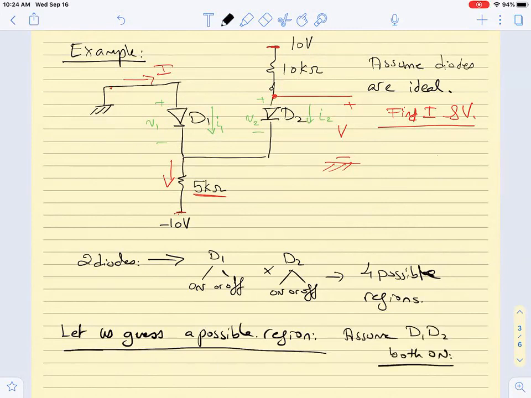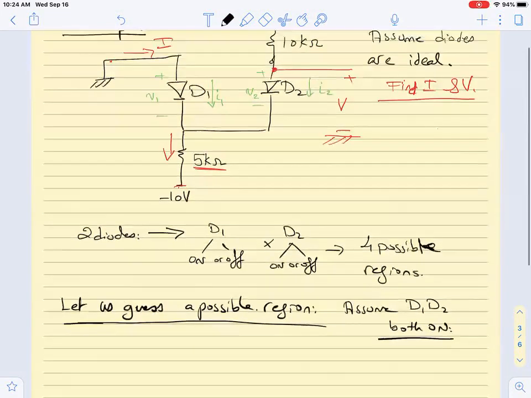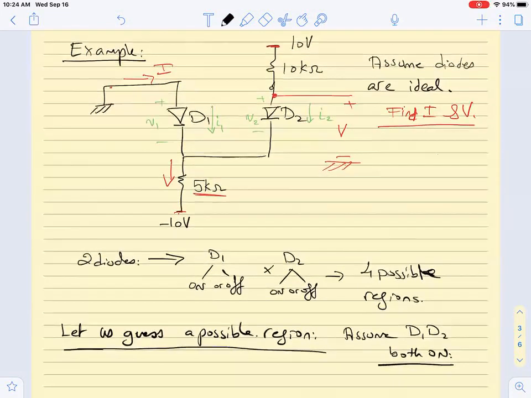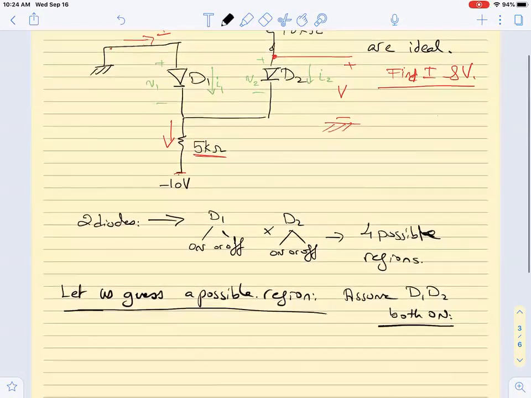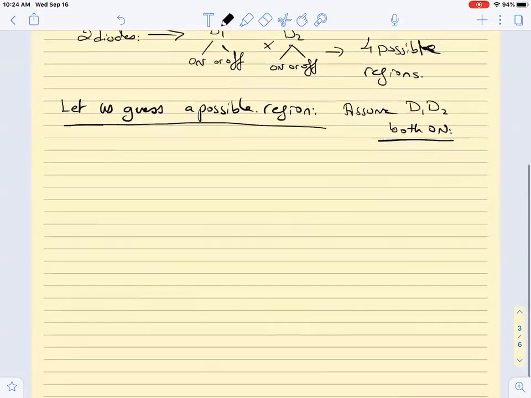Does anyone have doubts why D1 and D2 could be on? No. Okay, because it is connected to the 10. With D1 we are assuming that the voltage division plays in our favor, that it also has a current flowing downward to the lower voltage. Great. Now if I want to redraw the circuit, I am going to draw it like this.